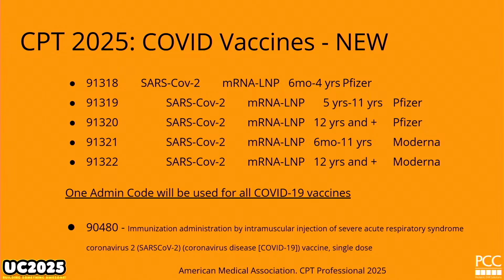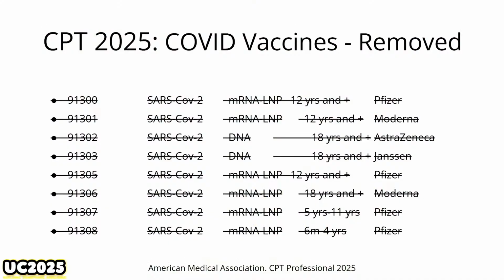We have the 91318 down through the 91322. And again, that one single admin code that will be used for all of these products now is the 90480. So no longer will you have what you'll see here in the next few slides of all of these different varieties that you used to use. So all the different years, we have slide number 1 of COVID-19 vaccines that were removed.